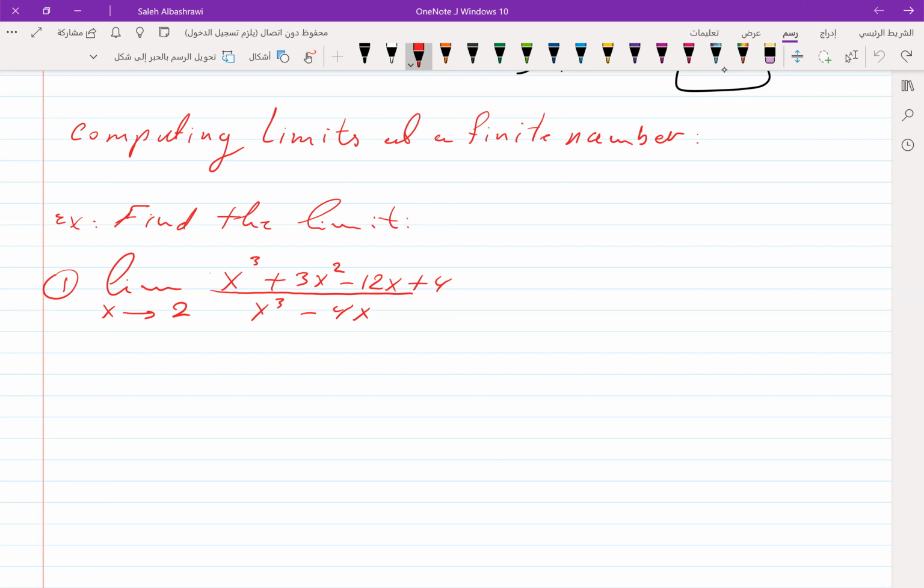And for the rational function, to test which case this is, we are going to substitute. If we substitute x by 2, I will have 2 to the power 3 plus 3 multiplied by 2 to the power 2 minus 12 multiplied by 2 plus 4, divided by 2 to the power 3 minus 4 multiplied by 2.